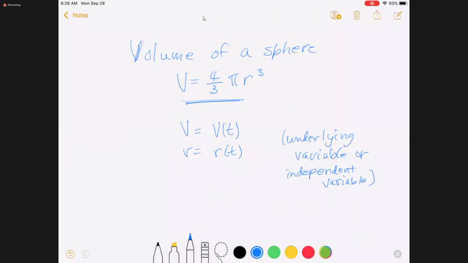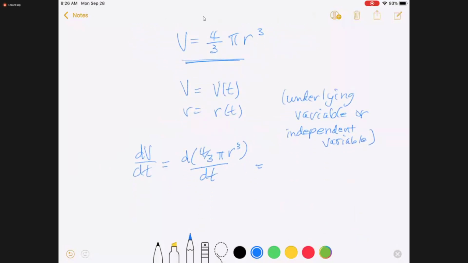Then dV/dt is the derivative of 4/3 pi r cubed with respect to time. 4/3 pi is a constant. We know we can pull multiplied constants out. So then I'm left with taking the derivative of r cubed with respect to time.